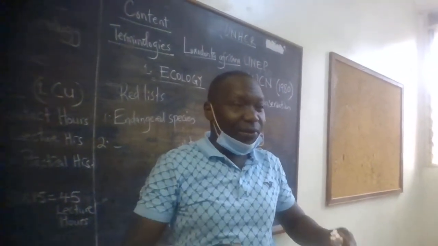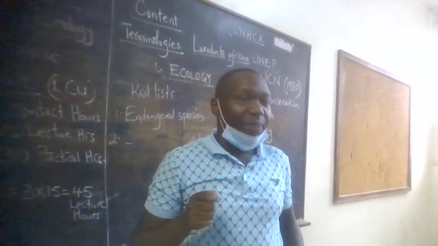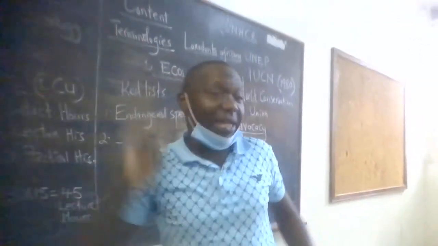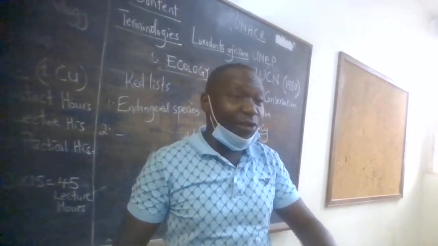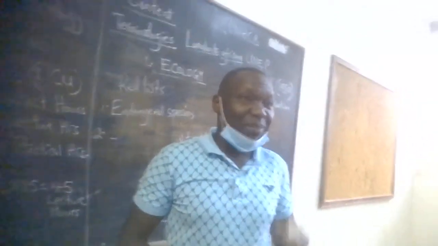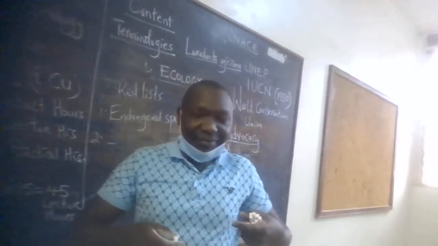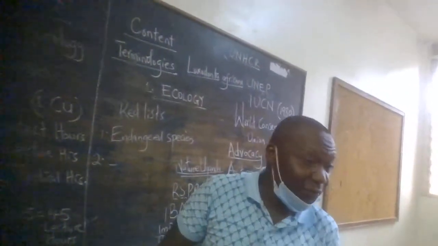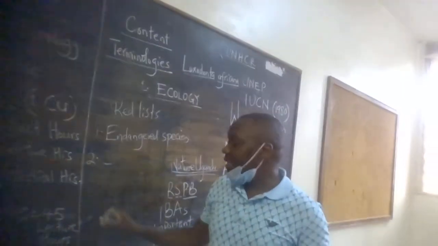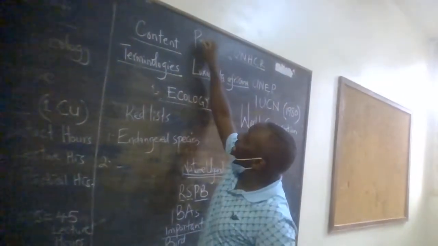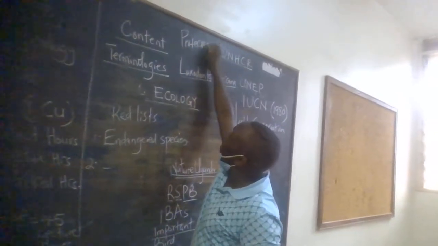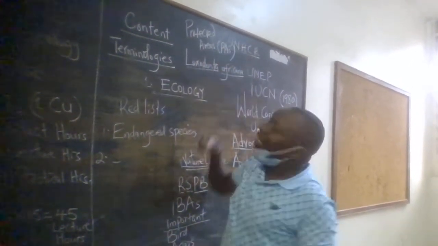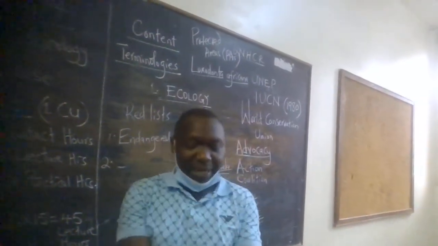During that time, they used to call them game parks. But right now, we call them national what? National parks. When you use the word game park, you are wrong. Why are you wrong? Because the IUCN, the International Union for Conservation of Nature, has now categorized protected areas into what we call national parks.